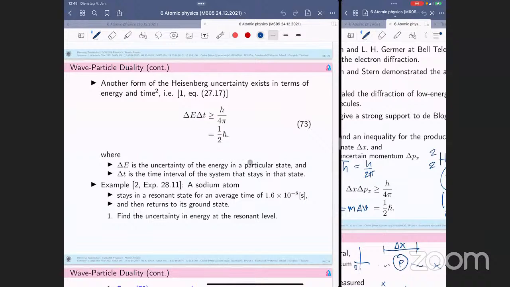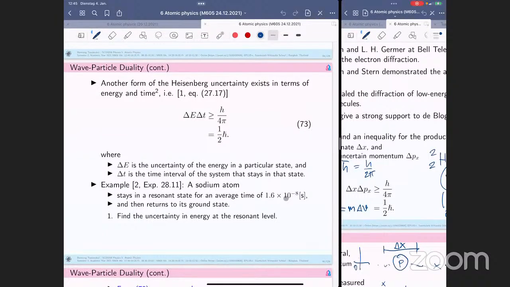You may not be completely able to understand 73. It's better for us to consider an example or a problem, sodium, right? You know that sodium is denoted by Na, right? Sodium atoms stay in a resonant state for an average time of 1.6 × 10^-8 second. Okay.